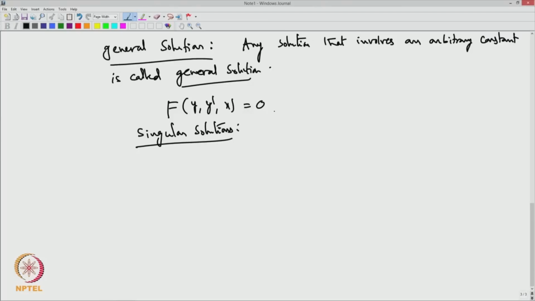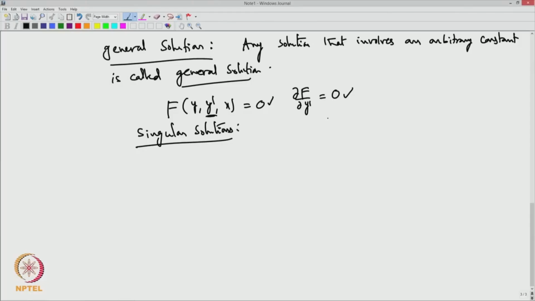Whenever you have this equation, there are ways to get these singular solutions. The idea is you get rid of y' by simply calculating ∂f/∂y' = 0. So, this is one equation, the given equation, and this is another equation. If you eliminate y' from these two equations, what you get is a solution in terms of x and y.